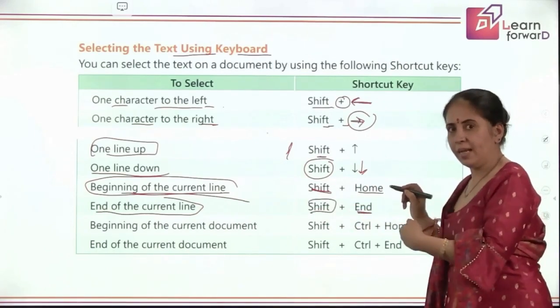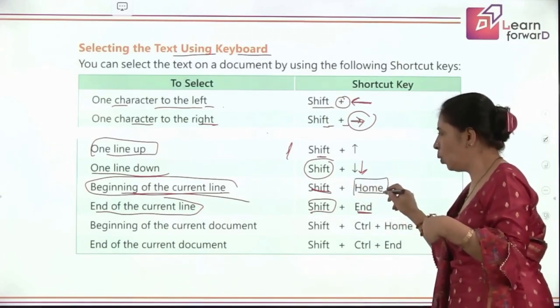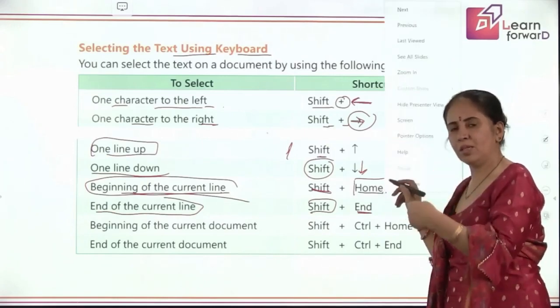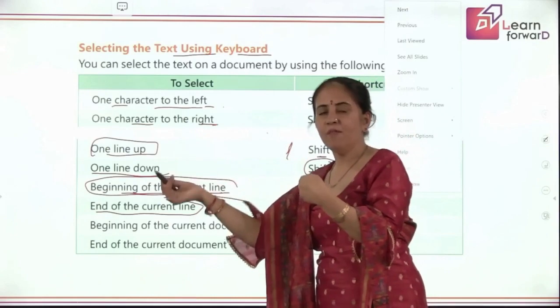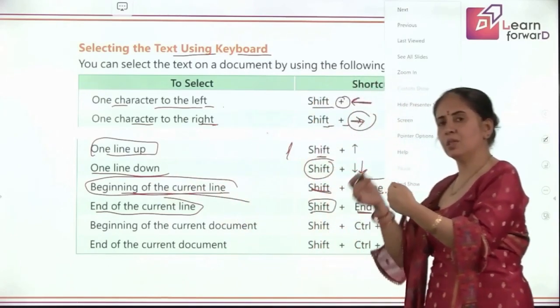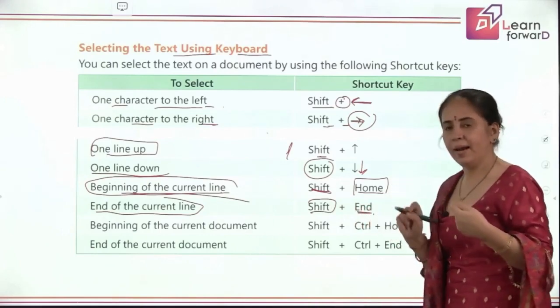This end key is also one of the keys of the keyboard, like the home key. So the home key will help you select from the cursor to the left, and similarly from the cursor to the right, you have to press shift and end.